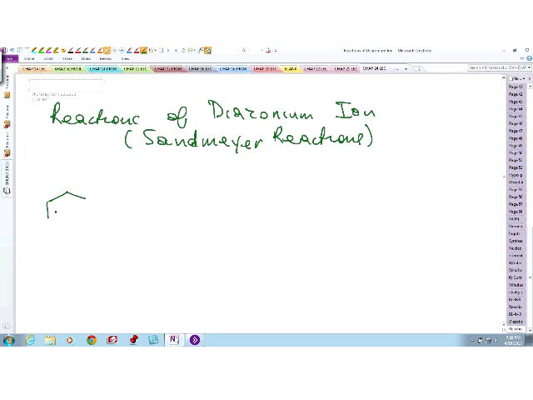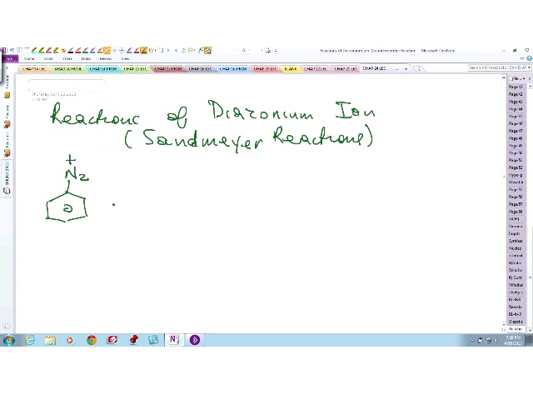If you take a diazonium ion, now we know how to form the diazonium ion, right? We form the diazonium ion by reaction of the amino group with nitrous acid in the presence of sulfuric acid or hydrochloric acid.